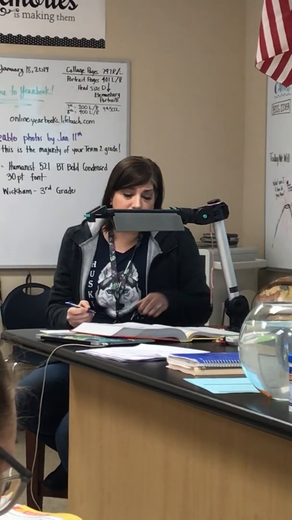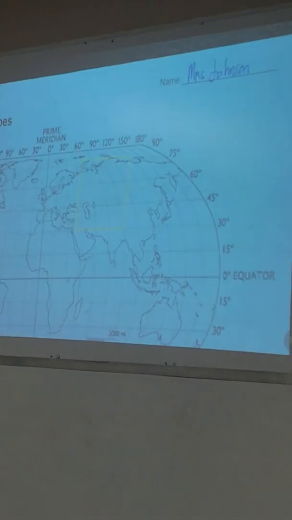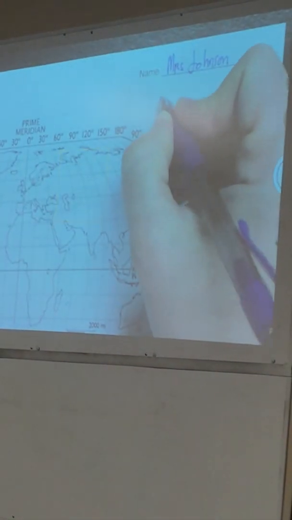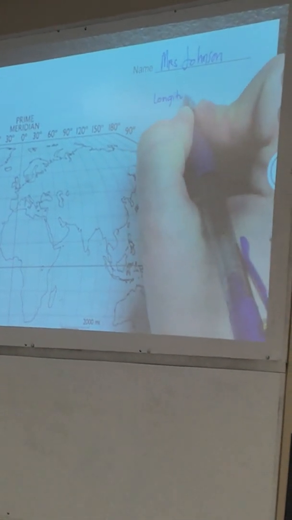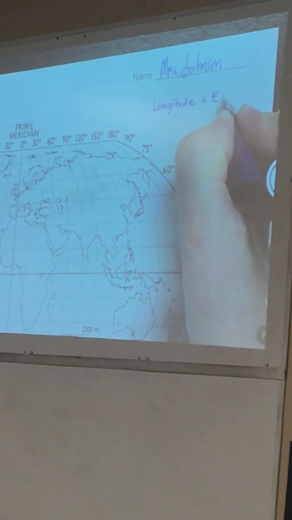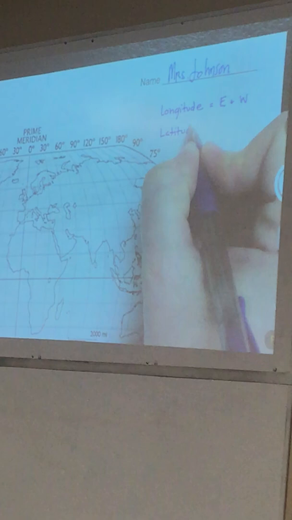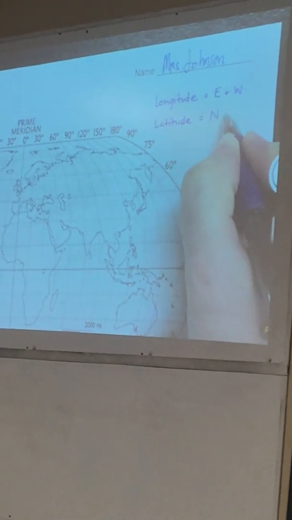So longitude is gonna be east and west. So on our paper over here, how about right under our name, why don't we write longitude equals east and west, and latitude equals north and south.